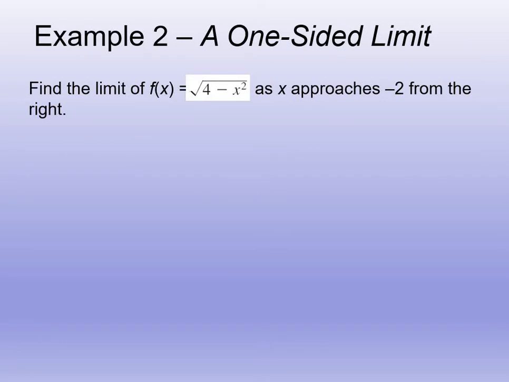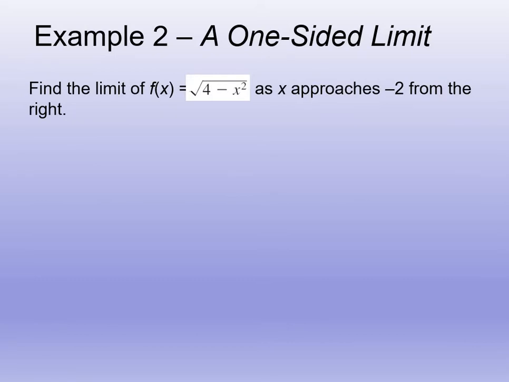So let's do an example here. We've got a one-sided limit. We want to find the limit of f of x equals the square root of 4 minus x squared as x approaches -2 from the right. It's important, because if we approach -2 from the left, we're not going to get any values.